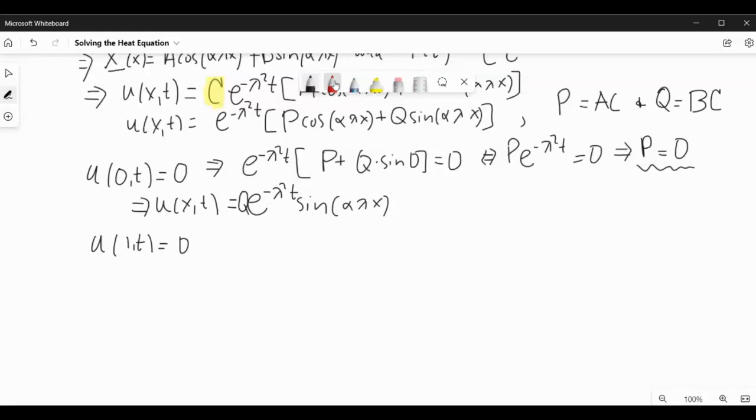So we are now going to use this equation and substitute x equals 1 into this expression so that we will get the following. So we have q times e to the negative lambda squared t sine of alpha lambda x must be equal to 0. Now, what are the things that we can tell from this equation?